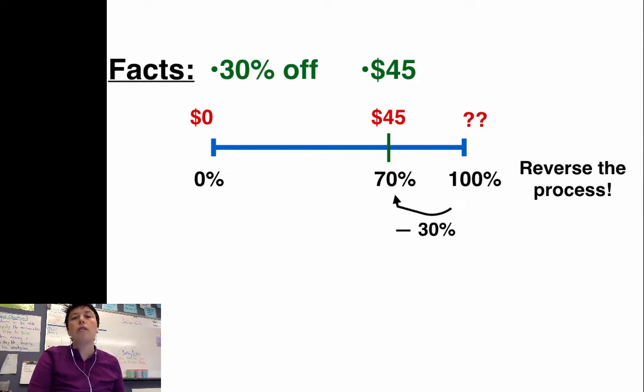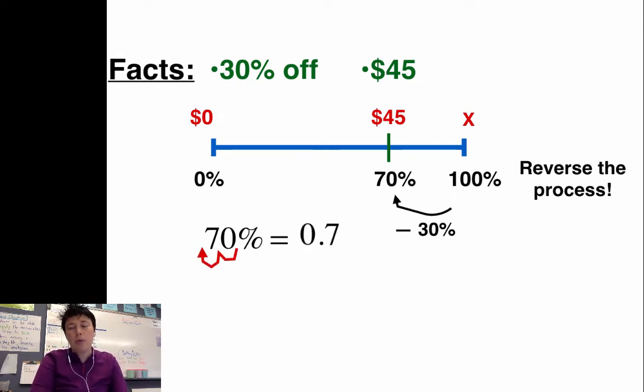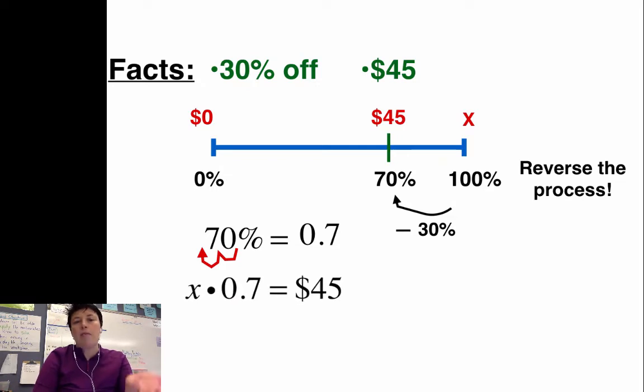So again, we're reversing the process. In the store, what we would normally do is take whatever X is, the price, and times it by the 70% to figure out the sale. So 70% as a decimal is 0.7. So we'd take the X price and times it by 0.7, and our answer would be $45. That'd be what we're paying. So what are we going to do?